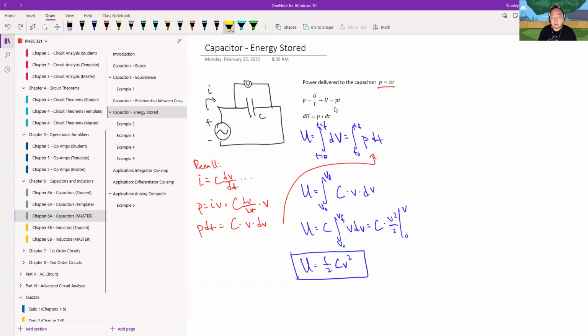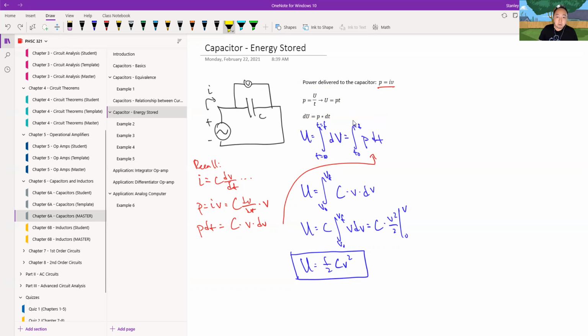So if we want a snapshot of what the power is at a given time, we differentiate both sides: dU is equal to power times dt. If we want the total energy across an alternating signal, we integrate: your energy is equal to the integral of p dt.